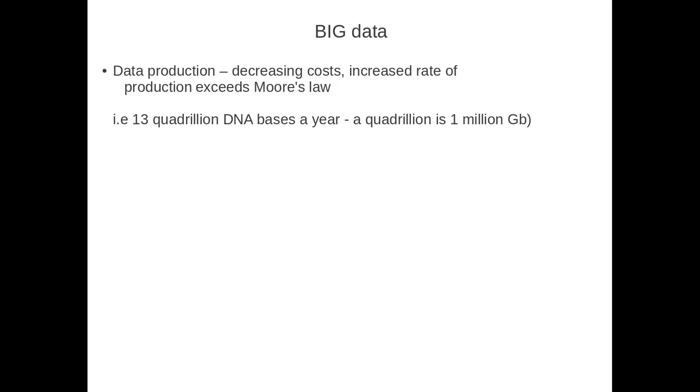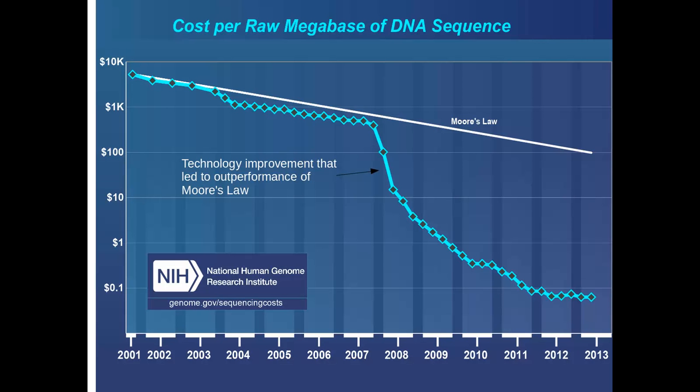Roughly around 2007 or 2008, things really shifted. People use Moore's law as a comparison. This is the rate at which computer processing power increases, and so we're showing it here as the inverse, to fit with the cost on the y-axis of generating a certain number of base pairs of sequence.